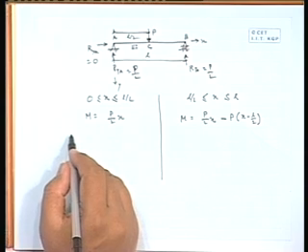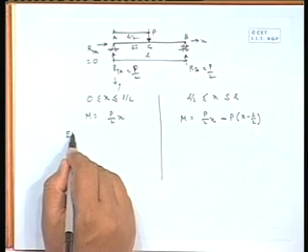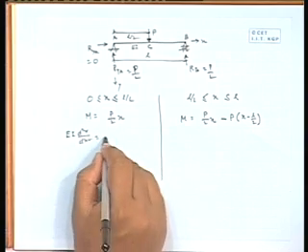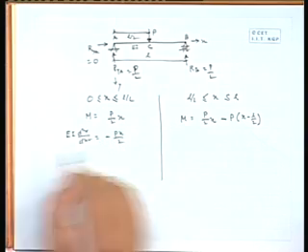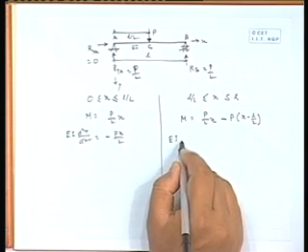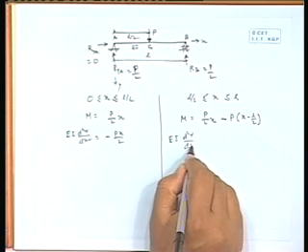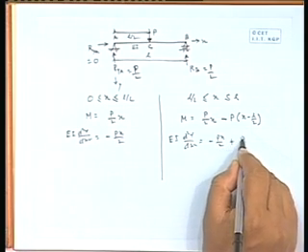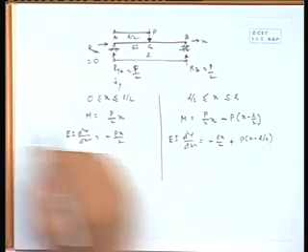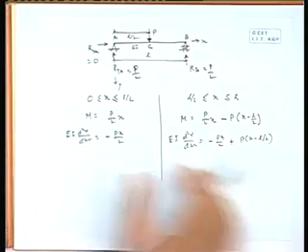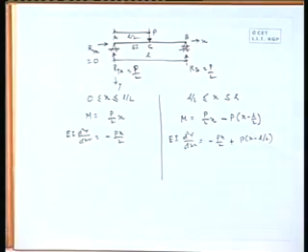First of all, your E I d2y by dx square equal to minus M. So, it will be minus P x by 2, and on this side, E I d2y by dx square equal to minus P x by 2 plus P into x minus L by 2. So, this side is more or less the same thing, only this part is the additional term.